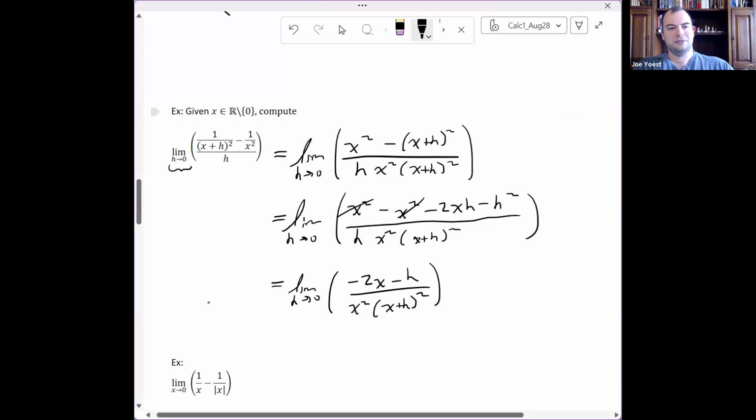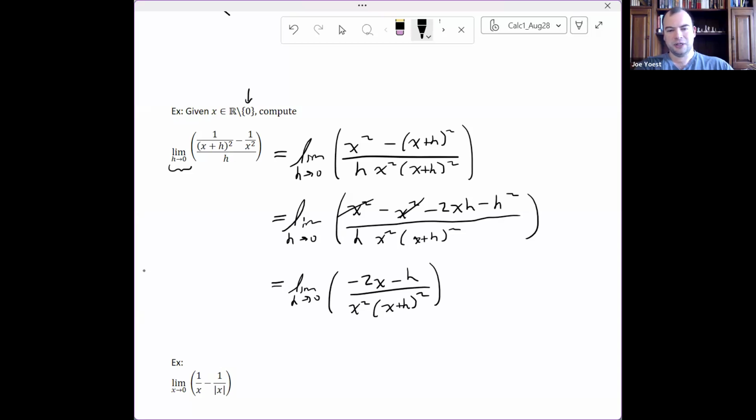The only value of x we couldn't stay away from in h would be x equals 0, but we've specifically excluded that possibility. So whatever value of x we're working with here that's not 0, h equals 0 will be in the domain of the rational expression as a function of h.